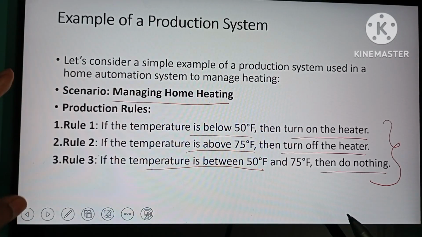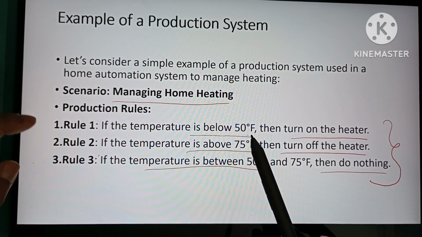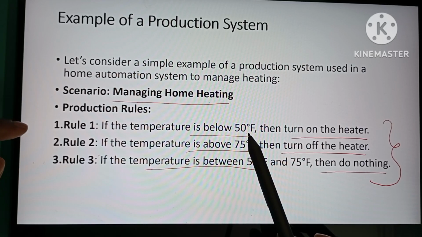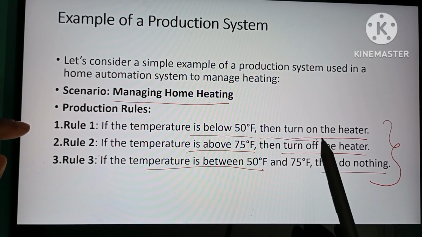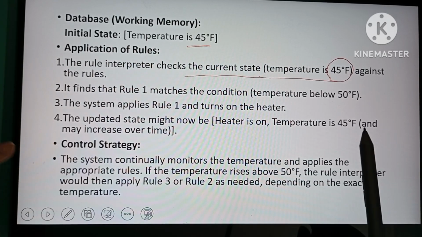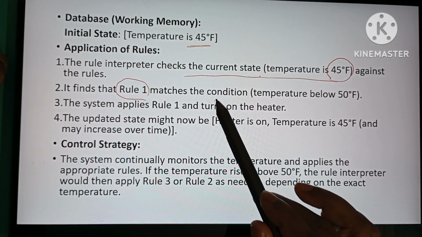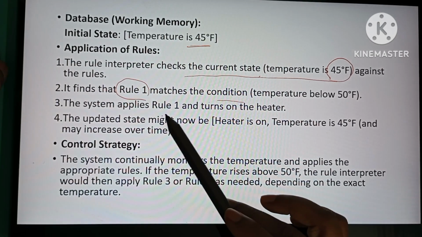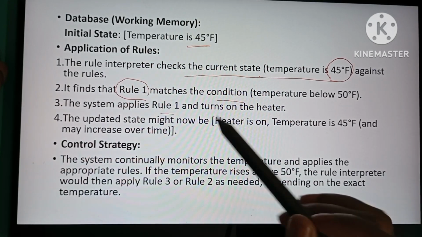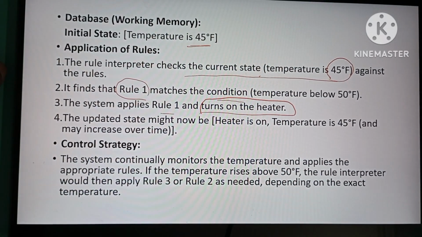If we go back and see the first rule, if the temperature is below 50 degrees, 45 is below 50 degrees. So what is the action it has to take? It has to turn on the heater. So it finds rule 1 matches the condition, and the system applies rule 1 and turns on the heater. This is what we want from the AI application.